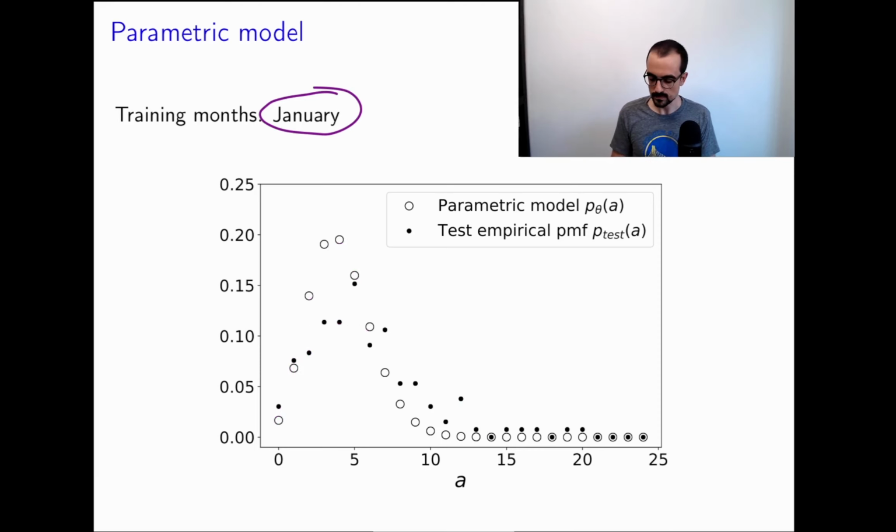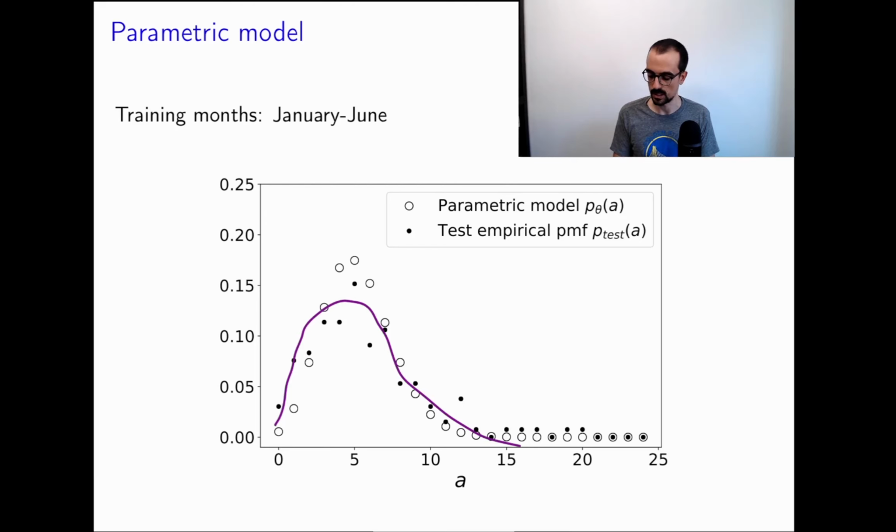As we use 3 months, the estimate is better. This is getting closer. And when we use 6 months, it's much better. It actually approximates the general shape pretty well, which indicates that we made a good choice of assumptions. The Poisson model here is actually pretty reasonable.